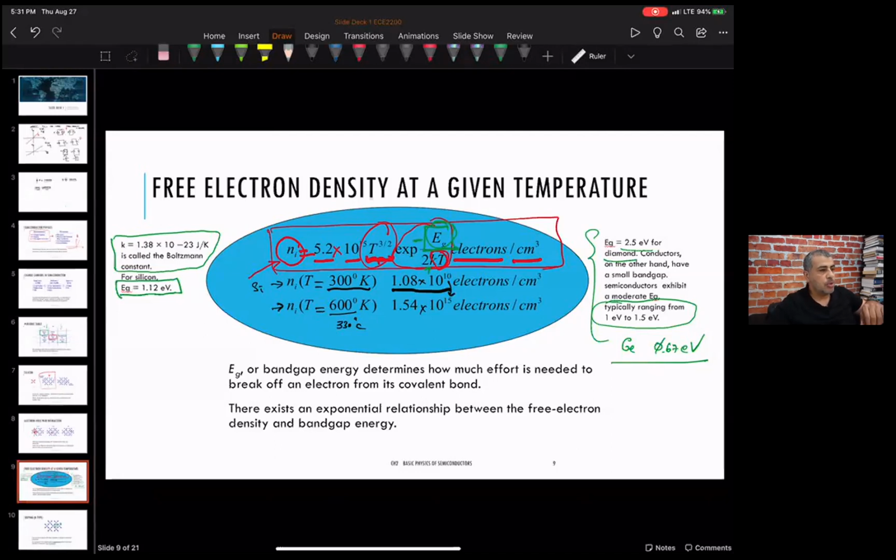Okay, so let's see where we left off on Tuesday. I think it was this slide where we were talking about the free carrier density. We talked about semiconductors, a conductor that sometimes conducts.